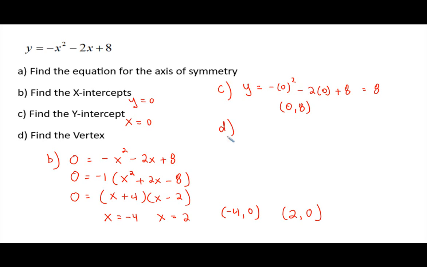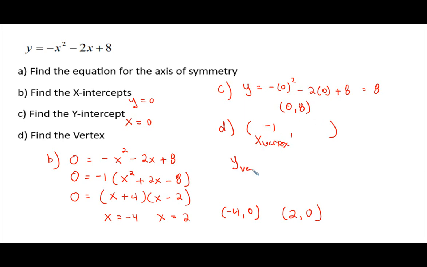And then part D says find the vertex. Now remember, earlier we already calculated the x value of our vertex. This was negative 1. So now we just need to find the y value of the vertex. Remember, to find the y value of the vertex, you take the x value of the vertex and plug it into the problem.